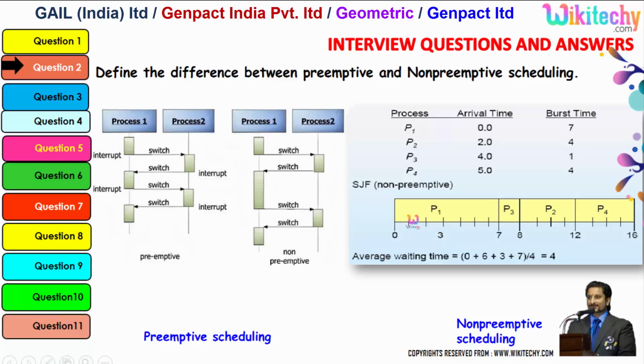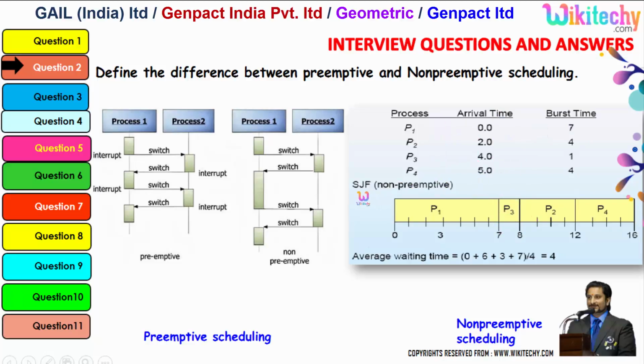Whereas non-preemptive scheduling is like this: once a process comes, until it finishes, the next process won't start. You can see it here. P1 has arrival time 0 and execution time 7. Until 7 seconds, considering these are seconds, the next process is not coming.